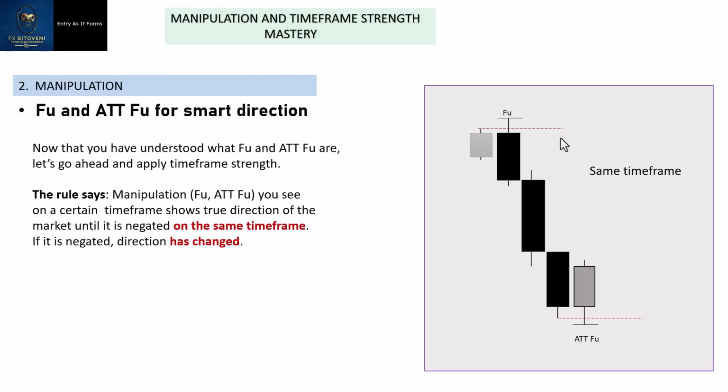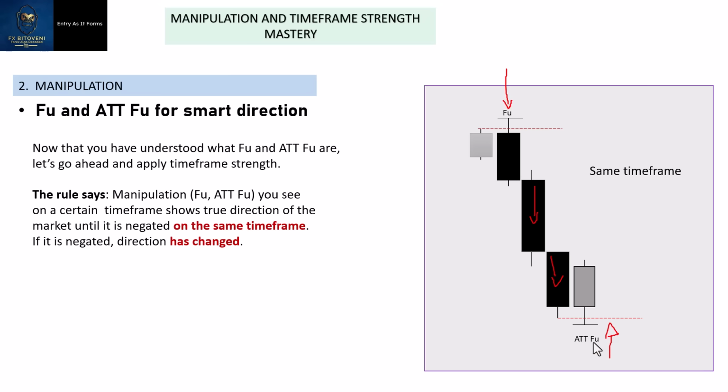Now, assume this is a certain time frame, whether it's monthly or weekly. I'm just giving you an idea. So, if an FU was created here, once we see this, we know direction will continue to be bearish, especially on a high time frame, until we see another FU that goes against it, or another manipulation that goes against it.